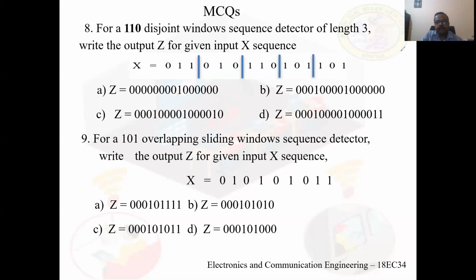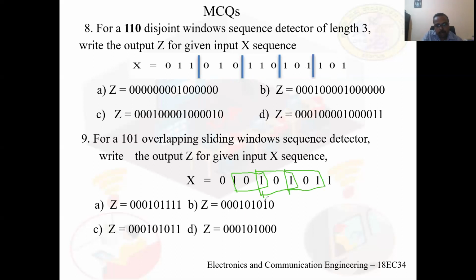Now similarly go to question number 9. For a 11101 overlapping sliding windows sequence detector, write the output Z for the given input sequence X. Now it says overlapping. Since it is overlapping, we have it here, here, and here.